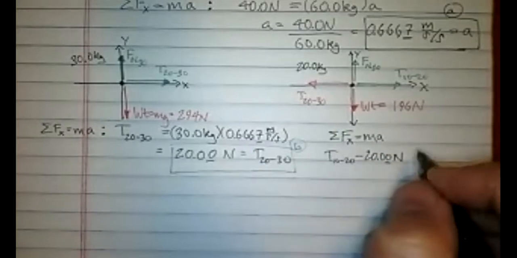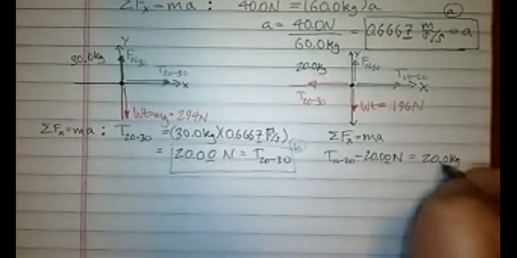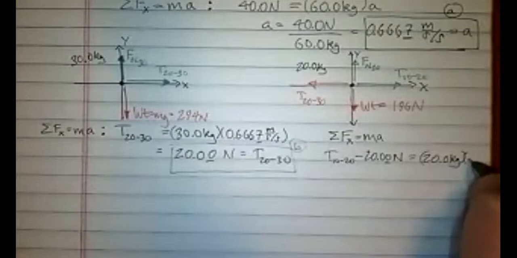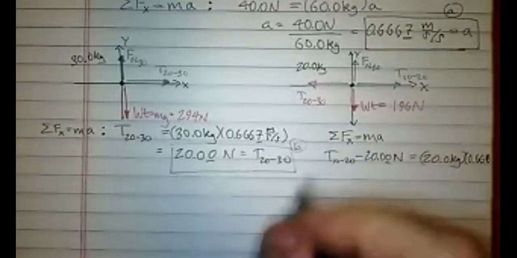That's the total force acting in the x direction, and that's got to equal 20.0 kilograms times 0.6667.